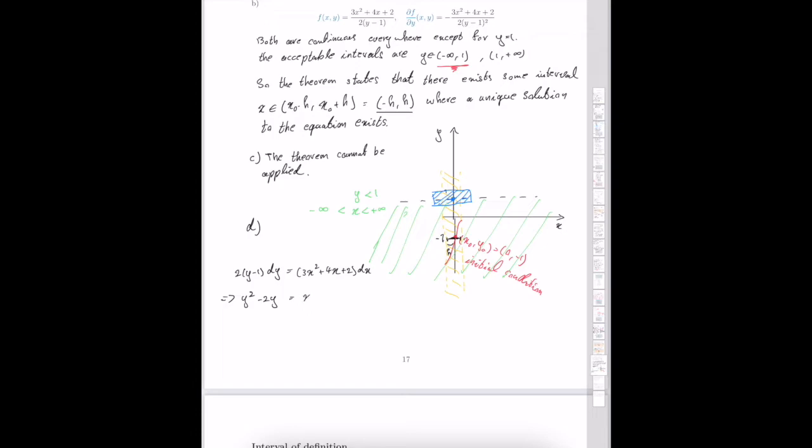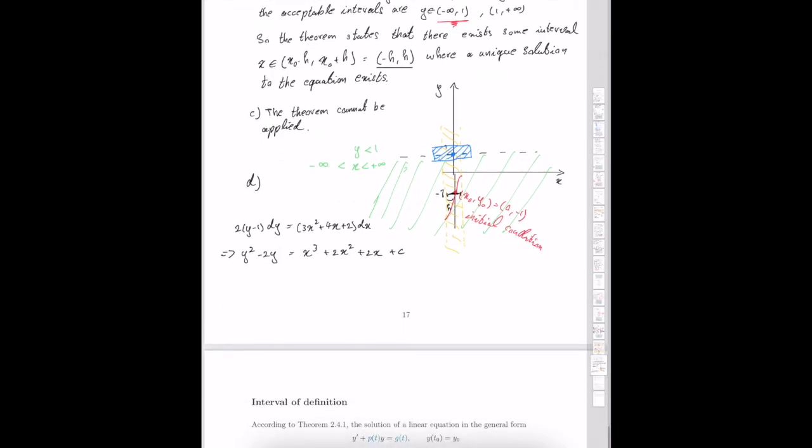This was x cubed plus 2x to the power of 2 plus 2x plus some constant c. And again, you can solve this and see that y will be 1 plus minus the square root of x cubed plus 2x squared plus 2x.